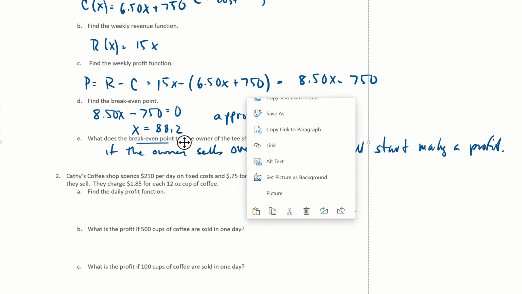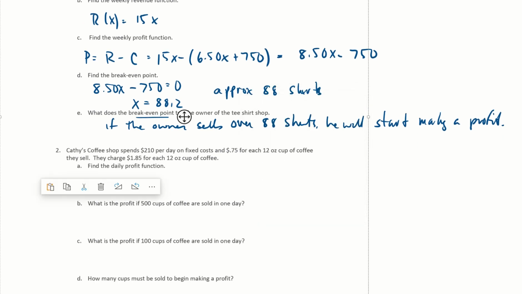Okay, let's see, number 2. Kathy's Coffee Shop spends $210 on fixed costs, 75 cents for each 12-ounce cup, and they charge $1.85 for each cup. So what's the daily profit? Well, again, X is the number of cups sold.